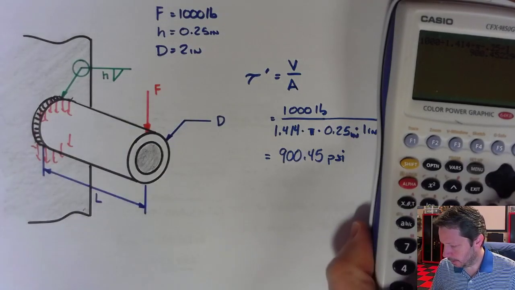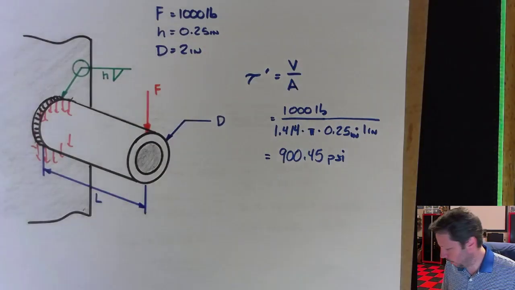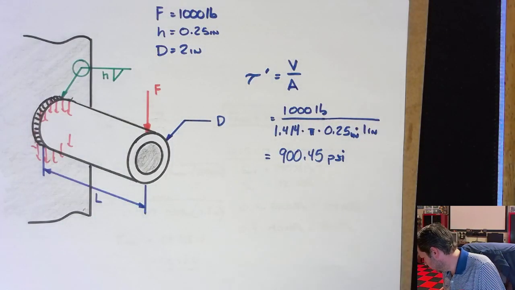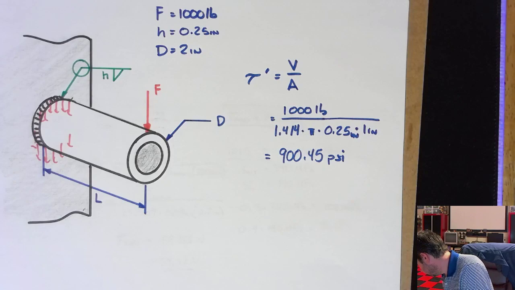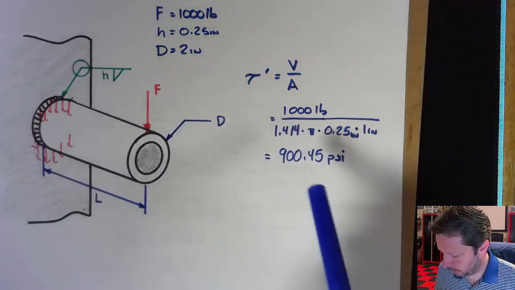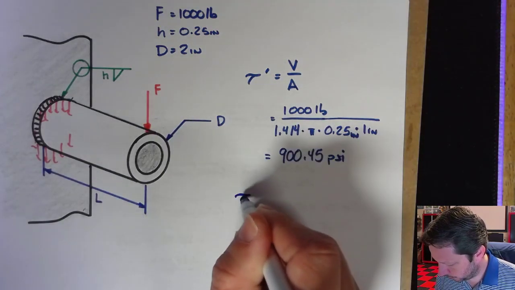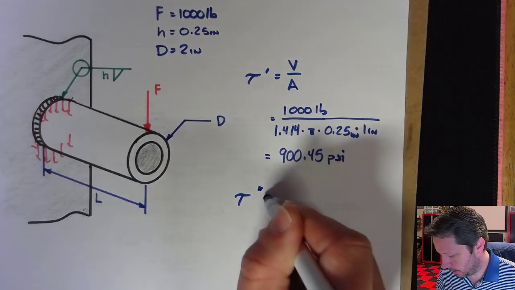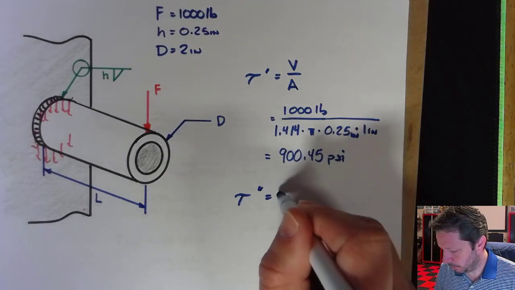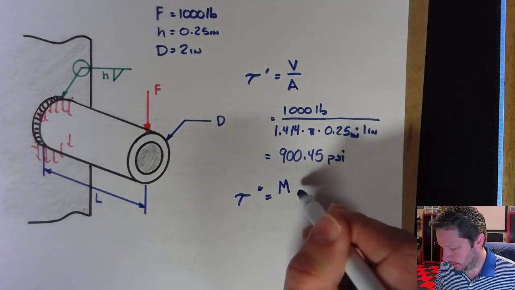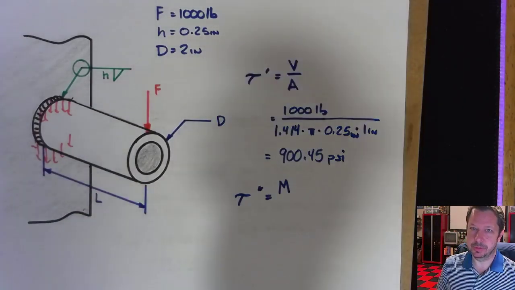Okay. And then we have the moment. I'm just looking up something in the book. We have tau double prime equals, here maybe we'll use the M. This looks more like a moment to me, where the other one looked more like a torque.